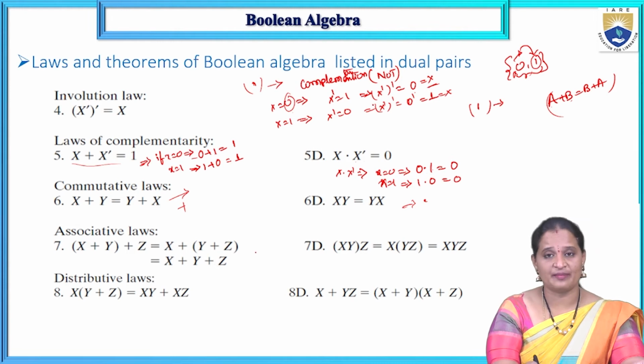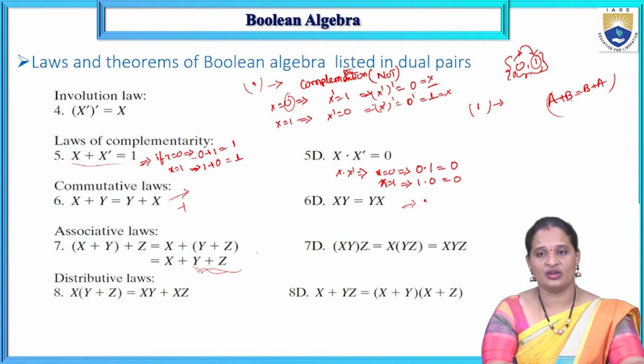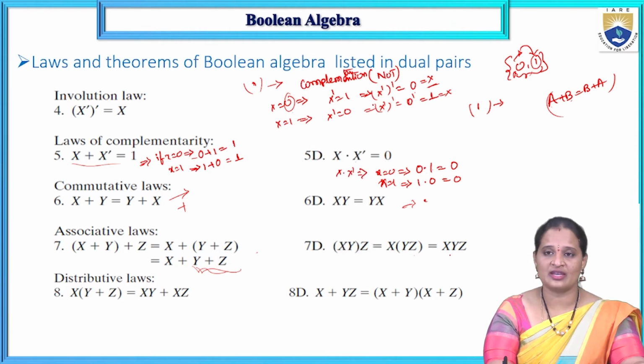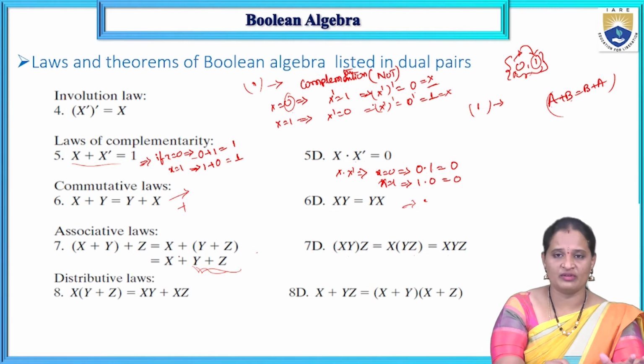Similarly, xy into z is equal to x into yz, or else we can write it as xyz. How to prove all this? We can prove all this by using truth tables. What a truth table is, we'll see now.